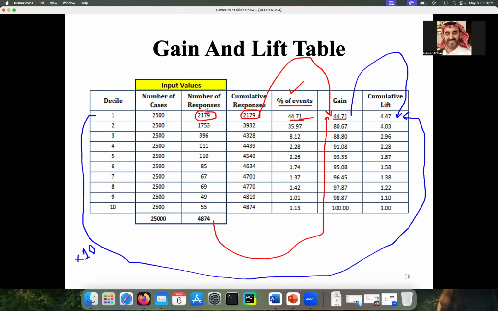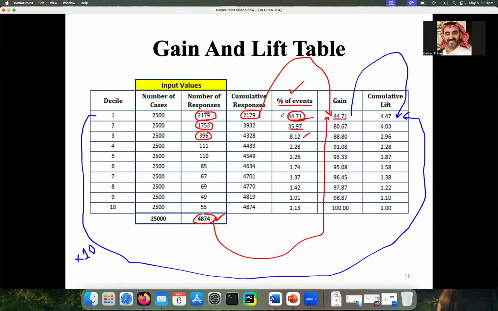This value divided by this value, and it is giving you this answer. Now, this value 1753 divided by this total is giving you 35.95. Multiply by 100, it is also a percentage. And here 396 divided by this, multiply by 100, you are getting this value.